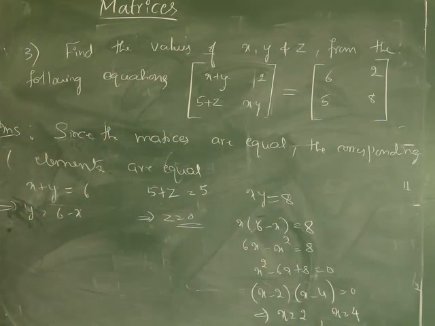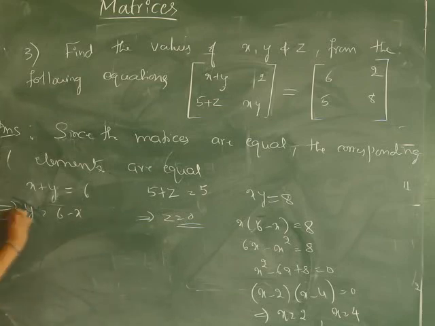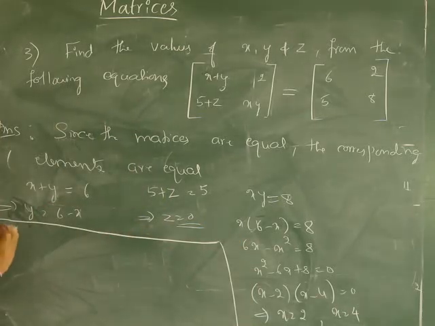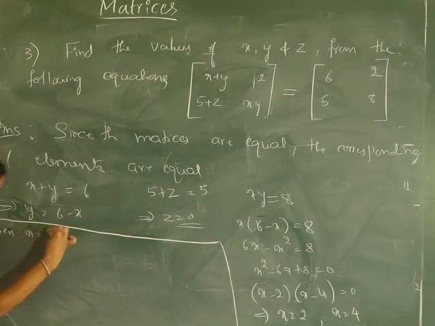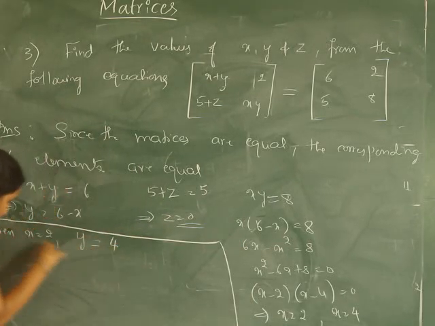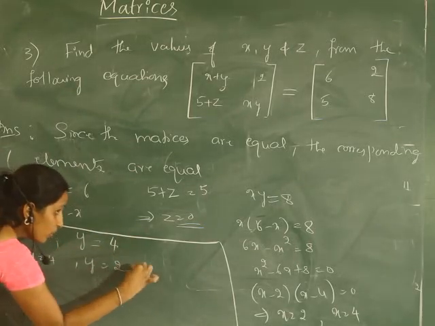So if x is equal to 2 or 4, there are two values for y. When x equal to 2, y is equal to 4. When x equal to 4, y is equal to 2.